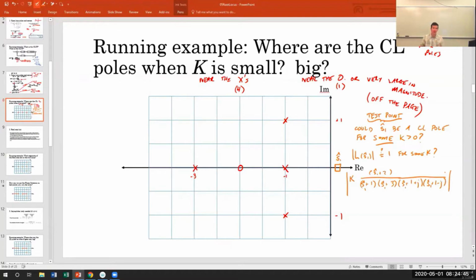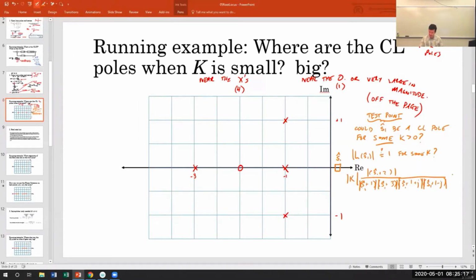And I'm going to use the fact that the magnitude of the product of two complex numbers is the product of their magnitudes. So the absolute value bars that lie around the entire fraction can be moved so that they are around each and every factor. So this is equivalent to the magnitude of L of S hat.